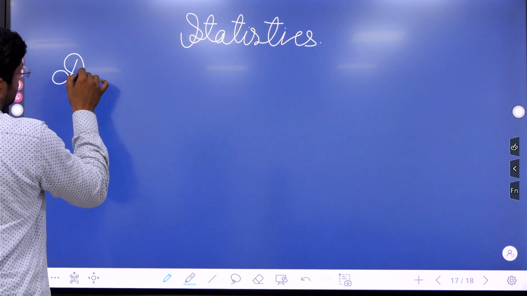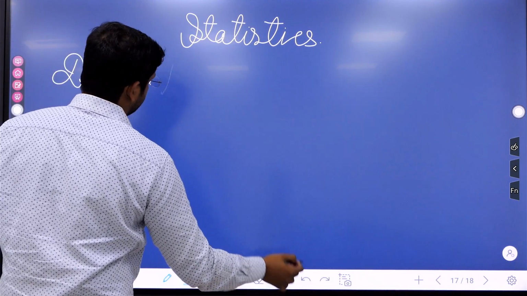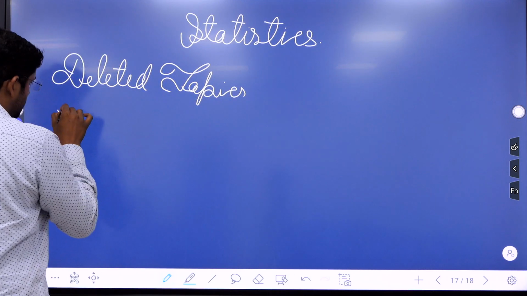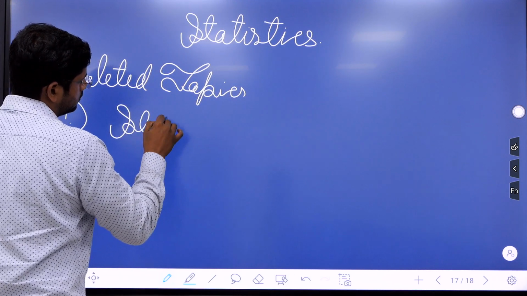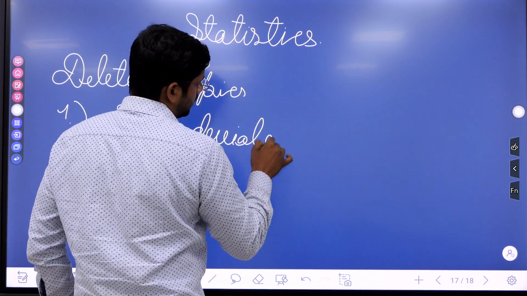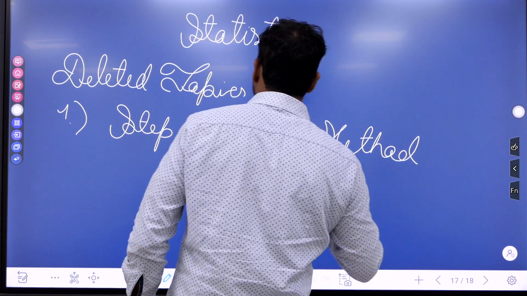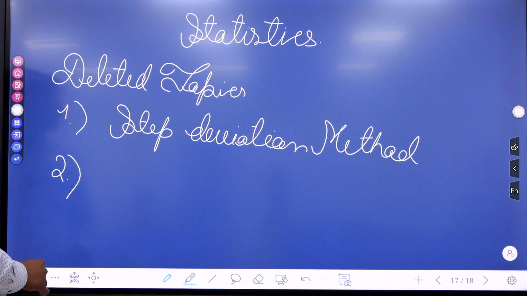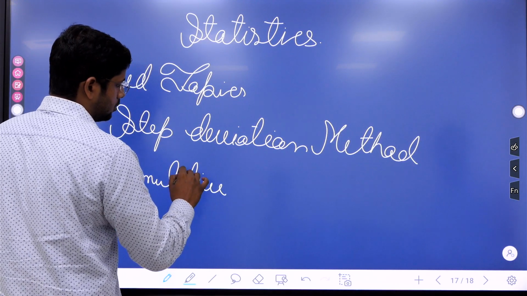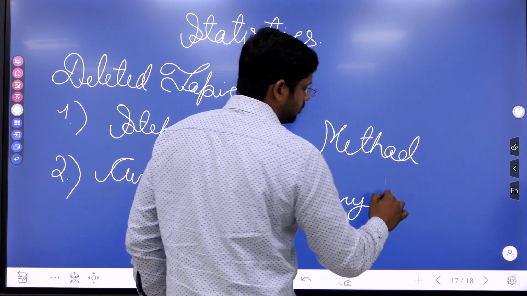The first deleted topic is the step deviation method, and the second one is cumulative frequency by graph.